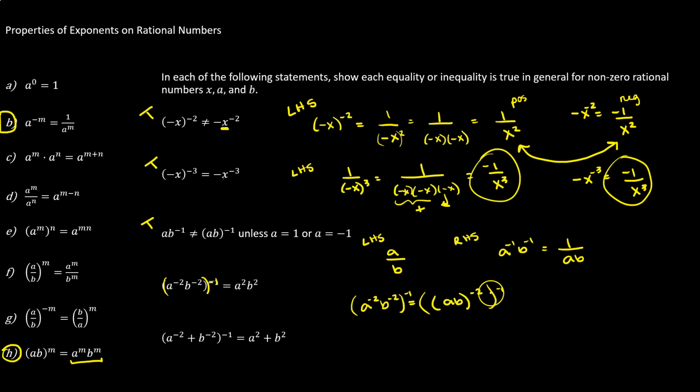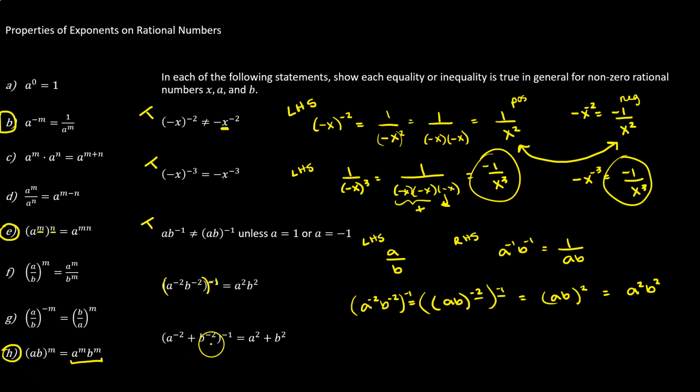We don't really need the extra set of parentheses, but maybe it helps you see that we're really dealing with something like E. We have an exponent raised to another exponent, negative 2 raised to the negative 1. So that looks like AB to the negative 2 times negative 1, which is positive 2. And then using rule H again to distribute that, we get the right-hand side. So that would become A squared B squared.